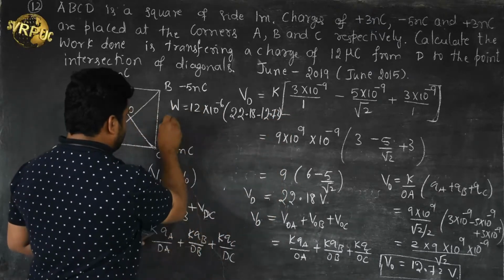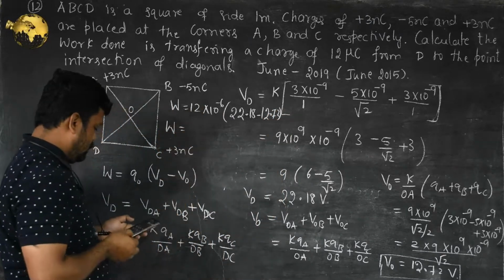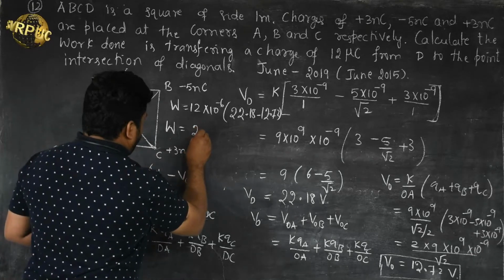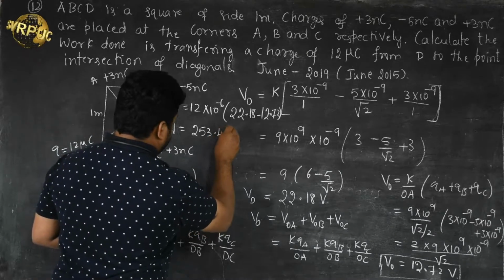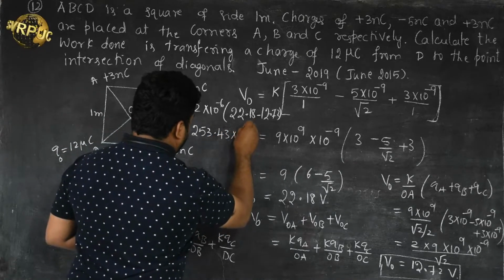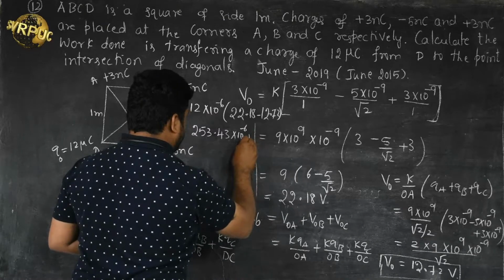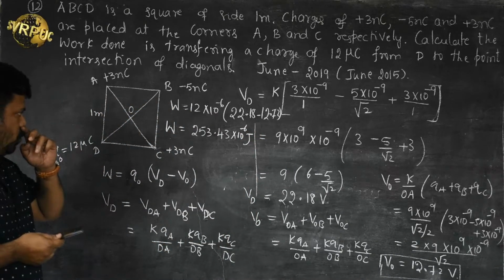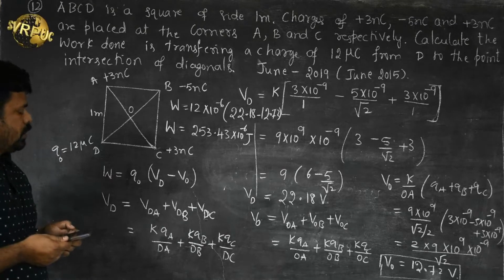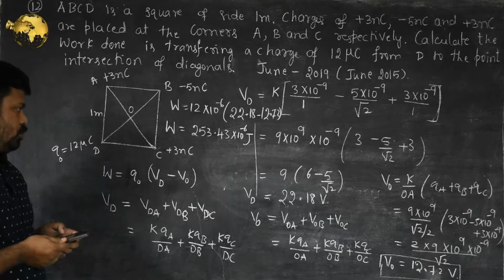So on solving this, the work done, we get it as 253.43 into 10 to the power minus 6 joules.